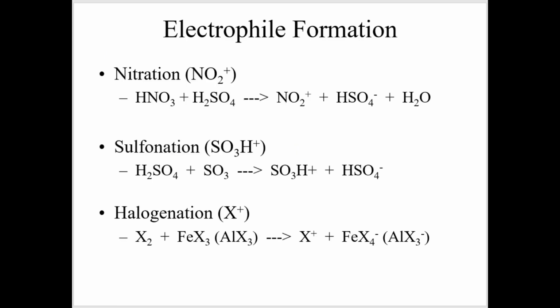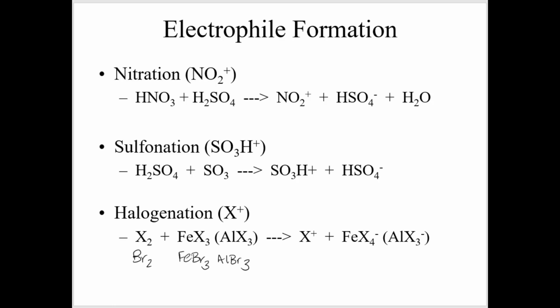And we talked a little bit about some of the different types of electrophiles that we can generate: NO2 plus by reacting nitric and sulfuric acids, SO3H plus using sulfuric acid and SO3, the fuming sulfuric acid, and we can do halogenation by reacting a halogen like Br2 with something like FeBr3 or AlBr3.